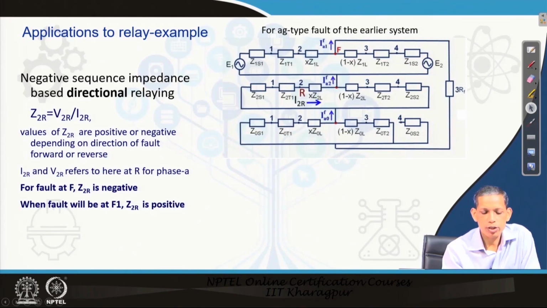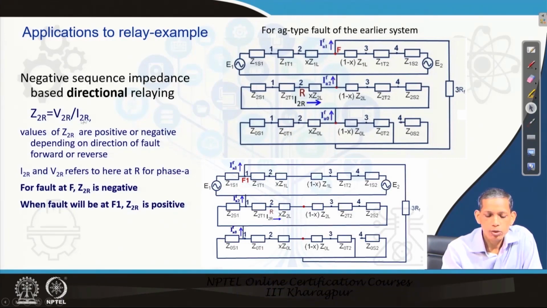The impedance seen by the relay, Z2R, will be V2R divided by I2R, but this V2R is expressed as minus of I2R into Z2S1 plus Z2T1. Therefore, the Z2R observed by the relay at this point becomes negative.